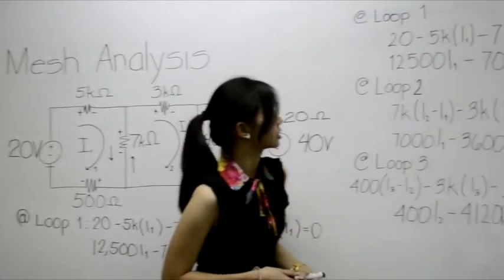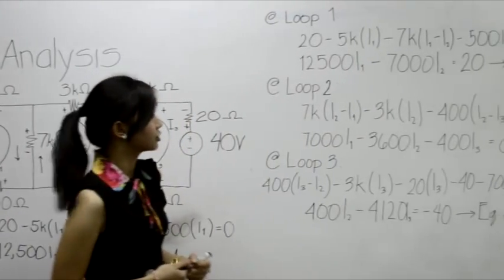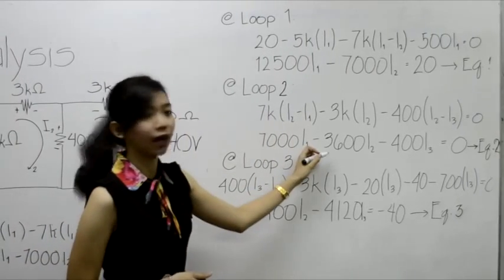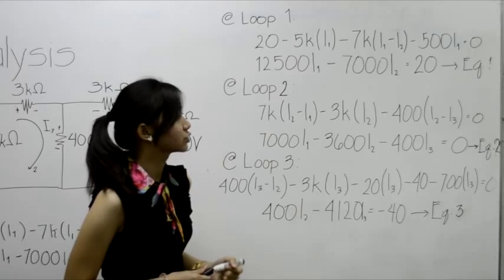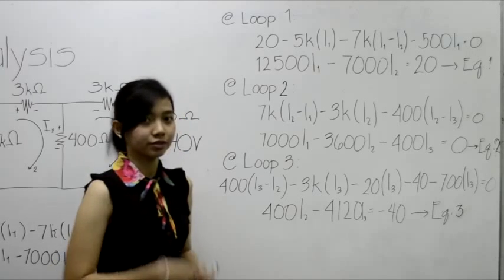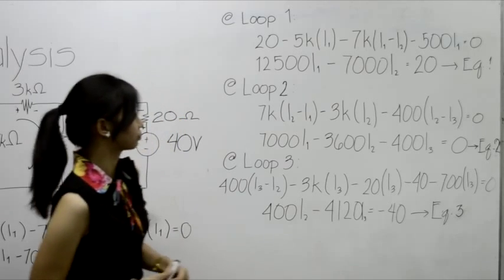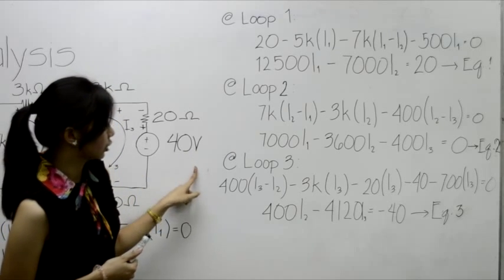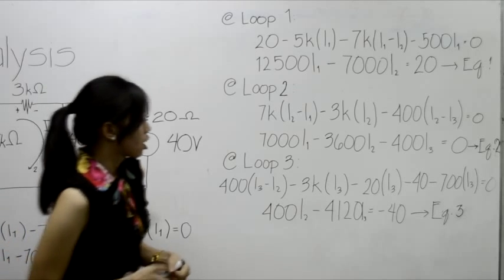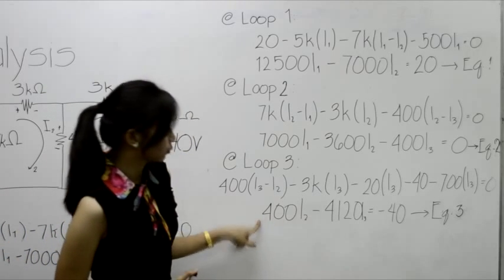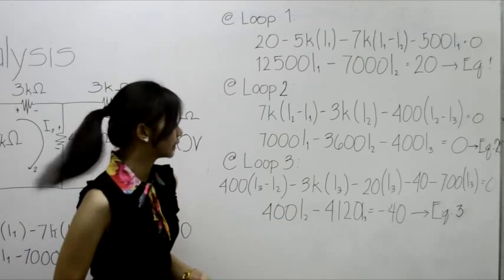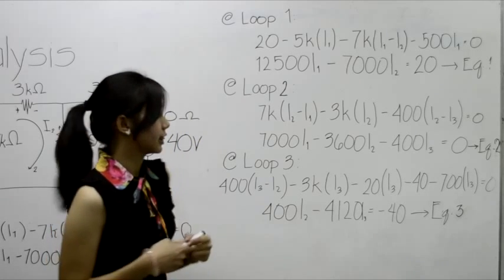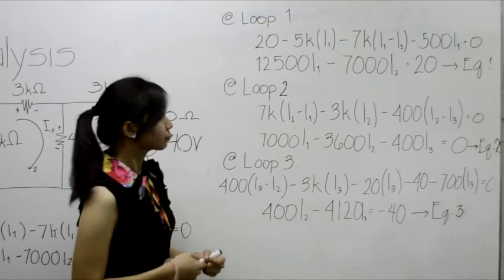Doing the same process for loop 2, our equation is 7,000 I1 minus 3,600 I2 minus 400 I3 equals 0, and it is our equation 2. Doing again the process for loop 3, our equation is this, and the simplified equation is 400 I2 minus 4,120 I3 equals negative 40. And it is our equation 3.